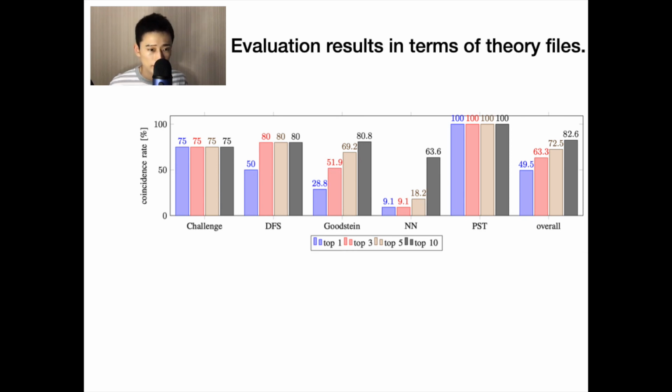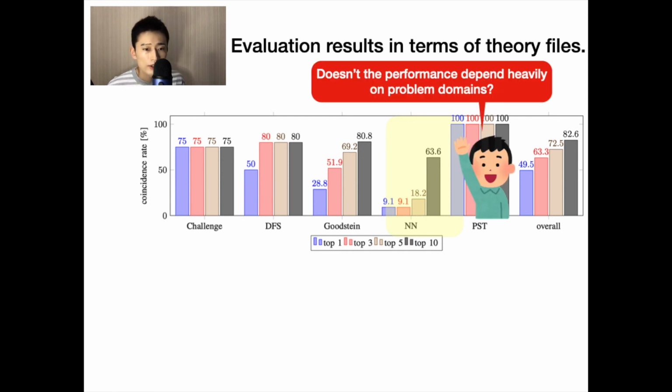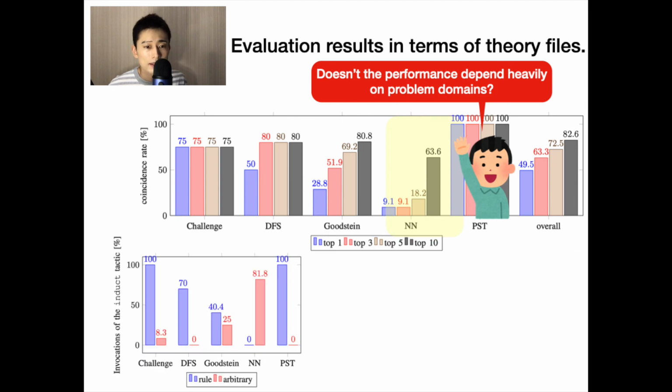I guess the first thing you noticed in this figure is the poor performance for NN, which stands for nearest neighbor. So it is natural to imagine that the performance of Smart Induct heavily depends on problem domains. But if you look at these theory files closely, you might notice that the performance gap might come from the different styles of induction.